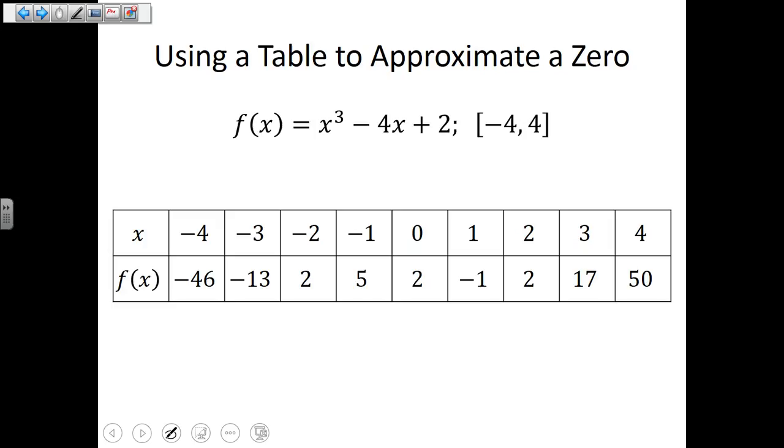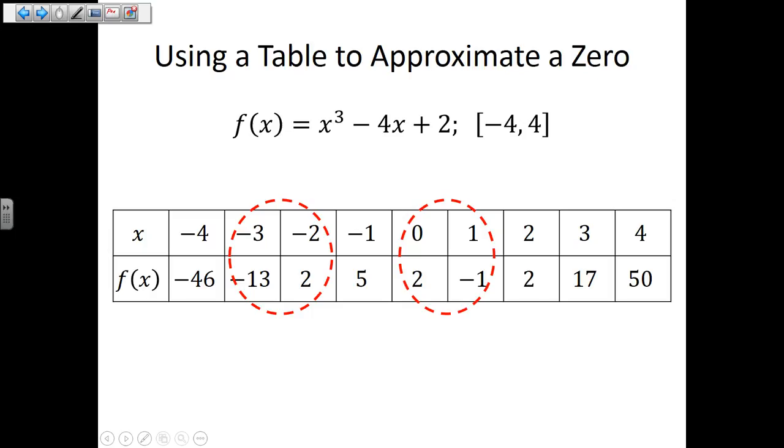So my intermediate value theorem actually helps out here and says, hey, if I go from a negative y value to a positive y value, or vice versa, at some point in there I have to go through 0. So the intermediate value theorem is actually pretty useful, because I go from a negative y value to a positive y value right here between -3 and -2.